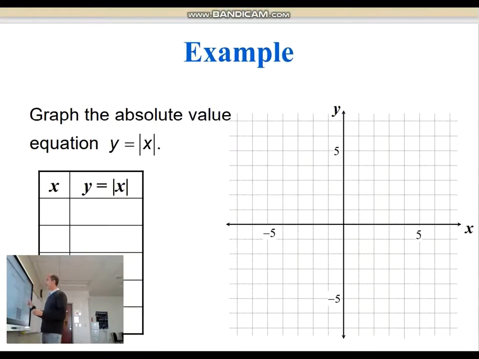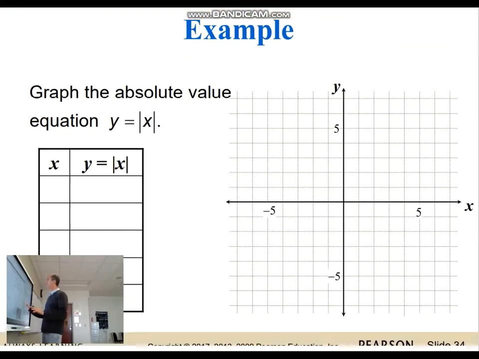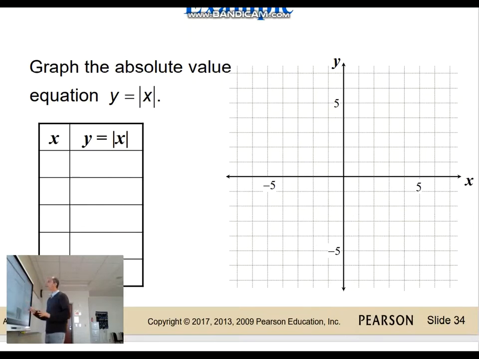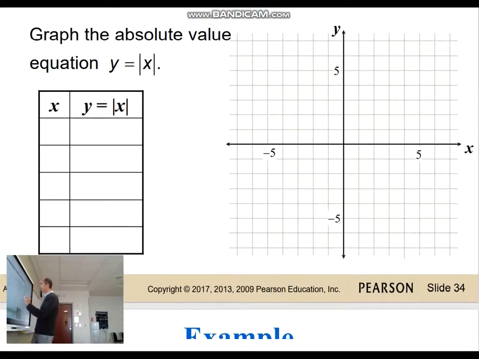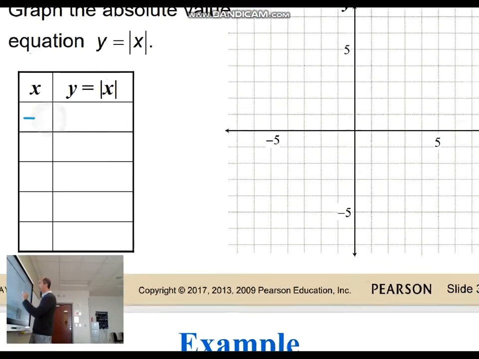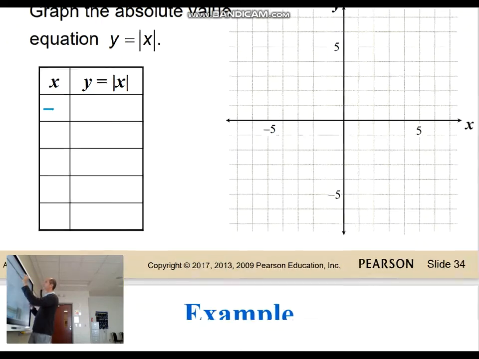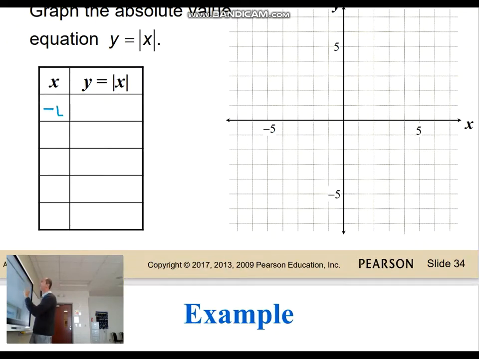Now moving to another nonlinear equation, and this is the absolute value equation. Check this out. Let's find a few points here. Again, guess some values for x. If x equals -2, y equals 2.